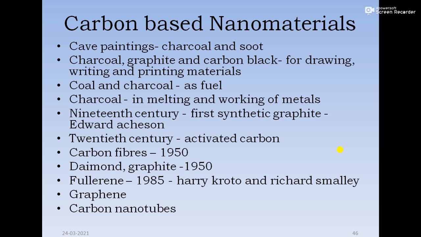Then in the 19th century, the first synthetic graphite was prepared by Edward Acheson. In the 20th century, the concept of activated carbons came. Then carbon fibers in 1950. Diamond and graphite, the allotropes of carbon, were discovered earlier.